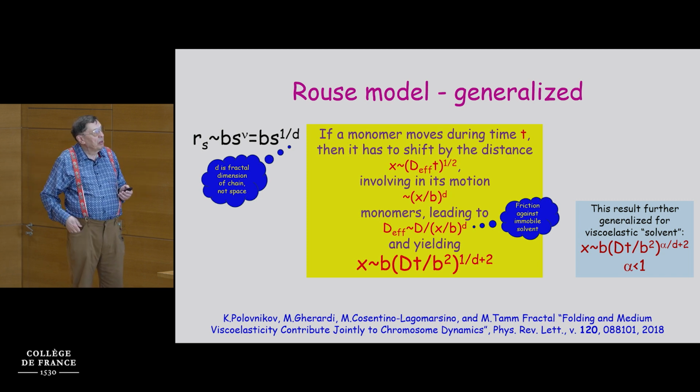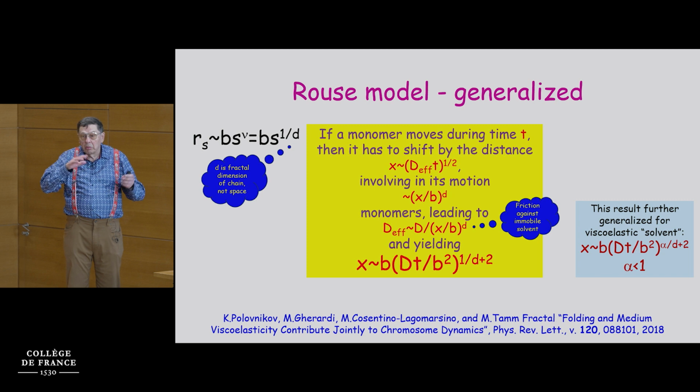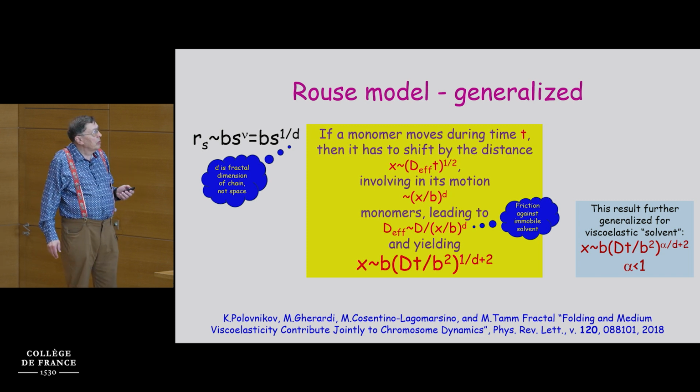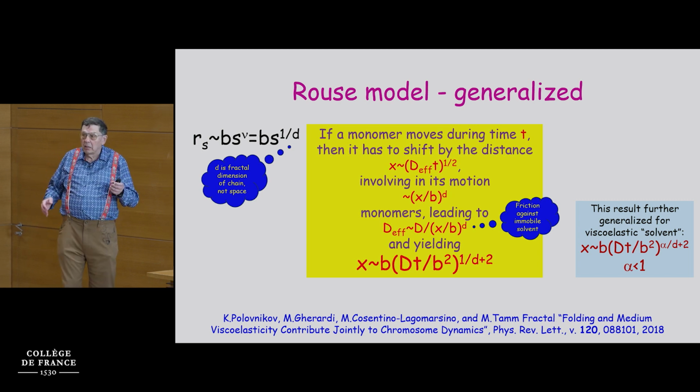So if this is the case, then first of all, as I said, I assume that it's not necessarily Gaussian polymers, so the size of the subchain of S monomers is like S to the power nu, and maybe I want to think about nu being 1/3, but in general, this nu can be written as 1/d. d is the fractal dimension of the chain.